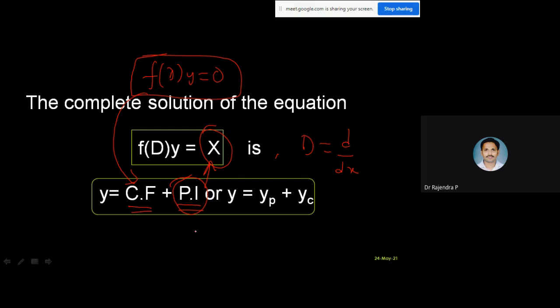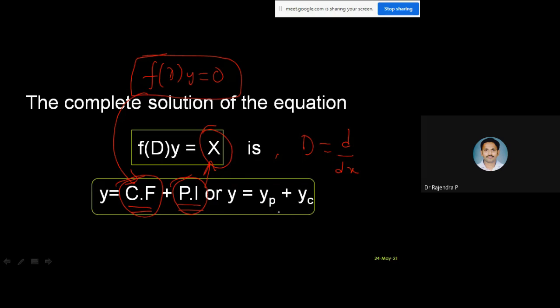So the complete solution for the differential equation in this form: first we consider it without x and find the complementary function. Then with x, you get the particular integral also. While writing your complete solution, you have to add them together. Another notation for this is yp plus yc, where these are subscripts.